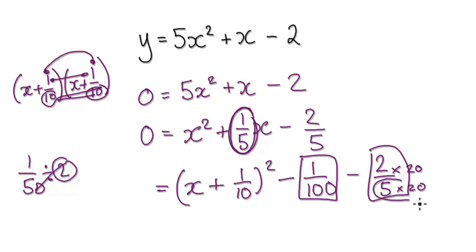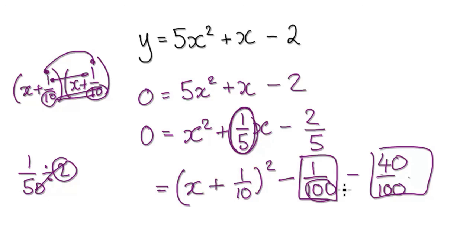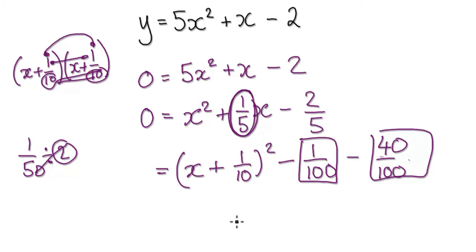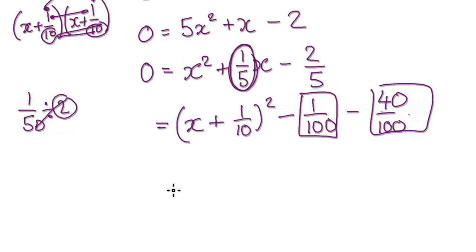So this thing here would be 5 times 20 would be 100, and then 2 times 20 would be 40. So now the two fractions, same denominator, we can merge them together. So that will then give us this thing here.